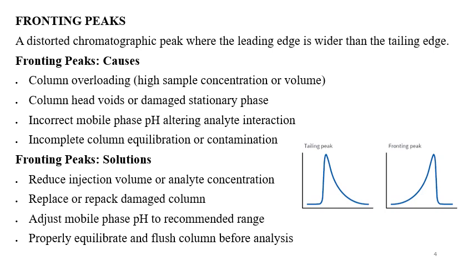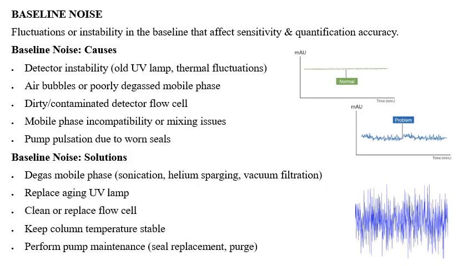Incomplete column equilibration or contamination can also lead to fronting. How to solve it? Reduce the injection volume or analyte concentration, replace or repack the damaged column, adjust the mobile phase pH to the recommended range, and properly equilibrate and flush the column before the analysis. So these types of problems can be solved.